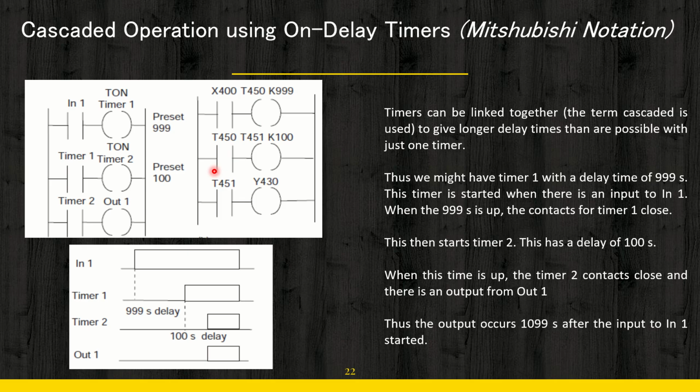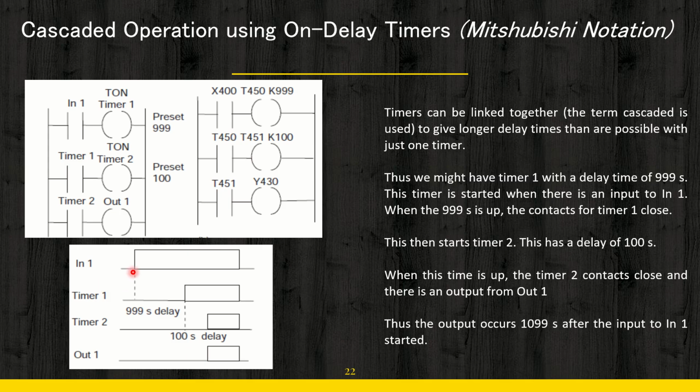When this terminal goes from off to on, then the second timer will start accumulating the count, meaning it will start counting the time, and once this 100 seconds is over, this particular terminal will become closed. Since this terminal is associated with the timer T451, and once this terminal is closed, your output will be activated.